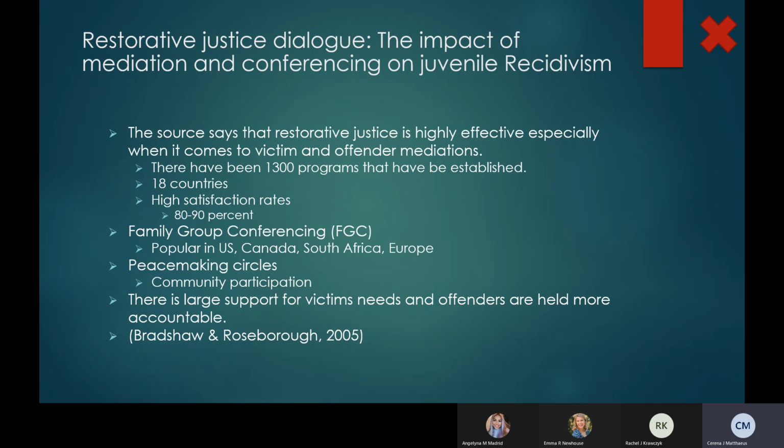Family group conferences, or FGC, are popular in the US, Canada, South Africa, and Europe. For peacemaking circles, the primary goal is to promote accountability, healing, and compassion through community participation in resolving conflicts. There is large support for victims' needs, and offenders are held more accountable as well.